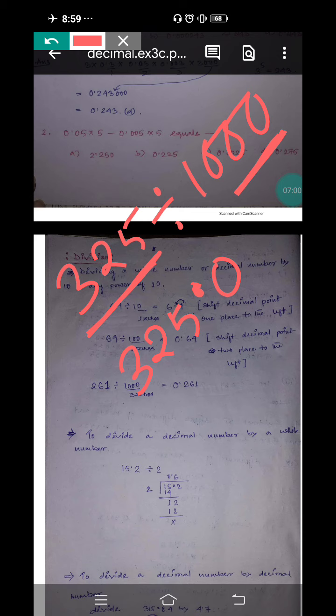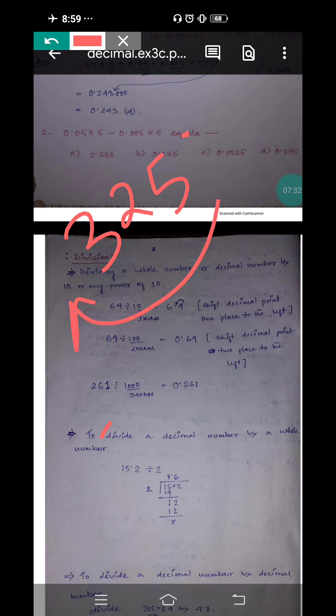From this position it will shift to the left side by 3 places, so the decimal point will be here. That means your final answer will be 0.325. In the exam there is no need to write this; simply in your mind you calculate that previously your decimal point is here, and from this position it will shift to that side, so you can directly write the answer 0.325.